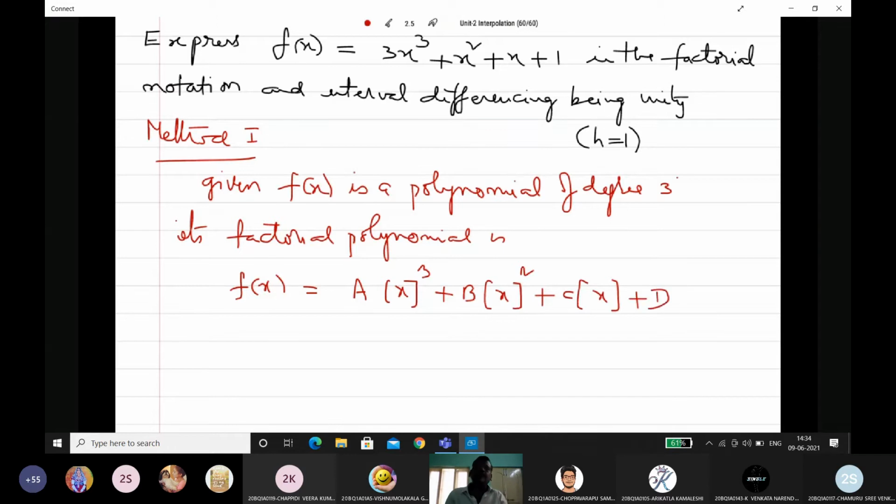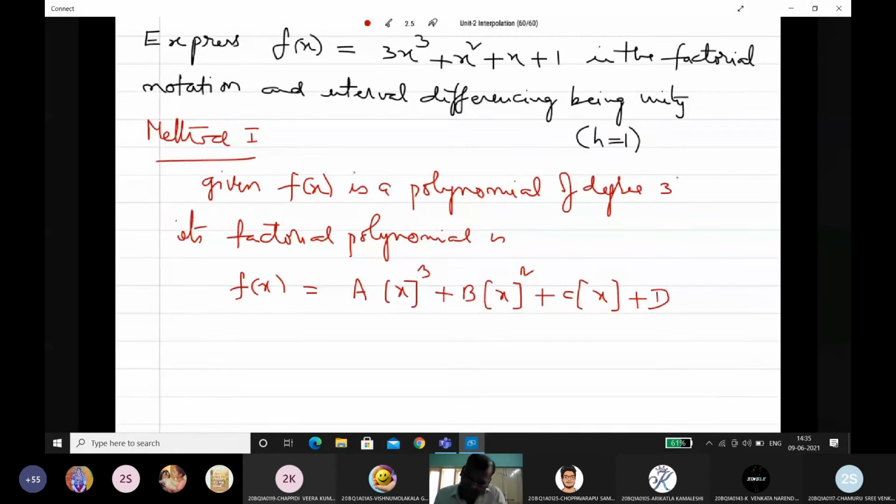If it is a fourth degree polynomial, we write a x power 4 plus b x cubed plus c x square plus d x plus e. Now we can find the values of a, b, c, d by using the algorithm.